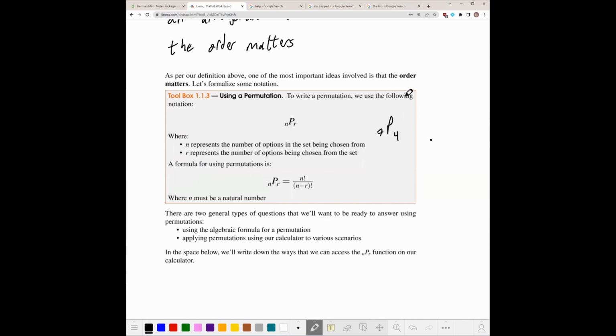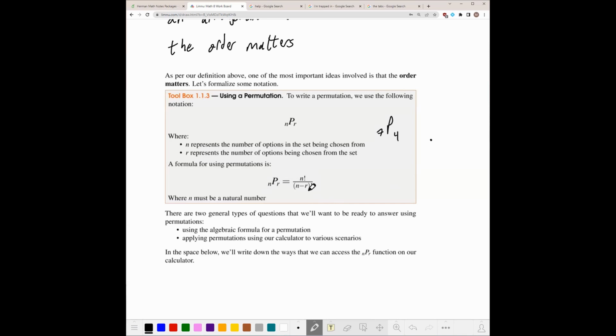Now P kind of stands for permutation, but we say pick because 7 permutate r, or 7 permutate 4, is just kind of like, I don't know, it hurts my head to say. So we have a formula that we can use for permutations, and that formula is that n pick r is equivalent to n factorial over n minus r factorial.